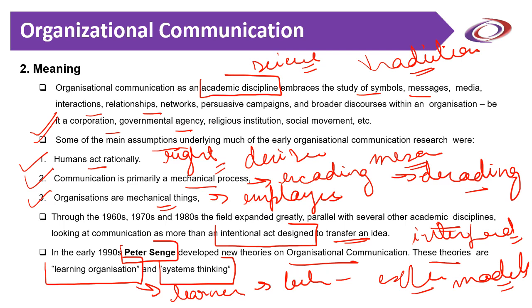Then vague and unclarified assumptions. If the message is vague and it is not clarified at the receiver's end, then it leads to confusion as to what they need to do with this type of communication that is provided. So communication should be clear from all types of assumptions or doubts. Emotional or psychological barriers that we have already discussed.